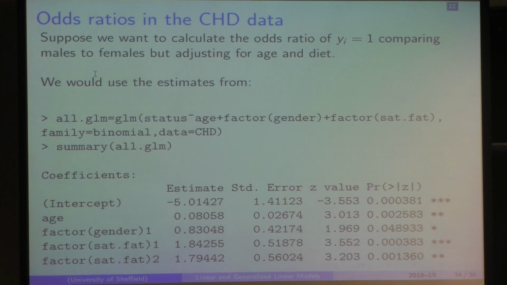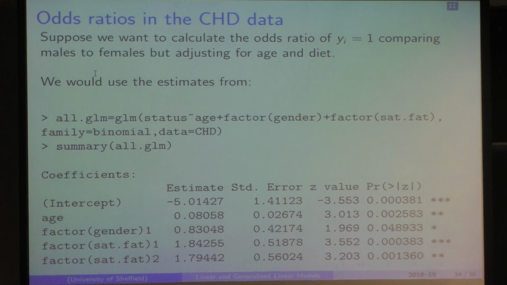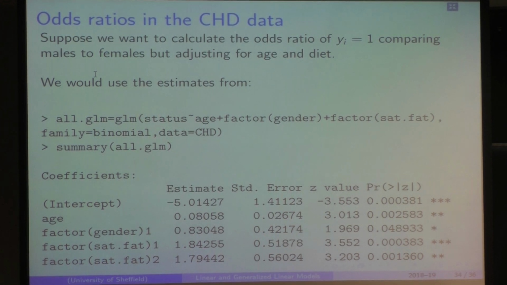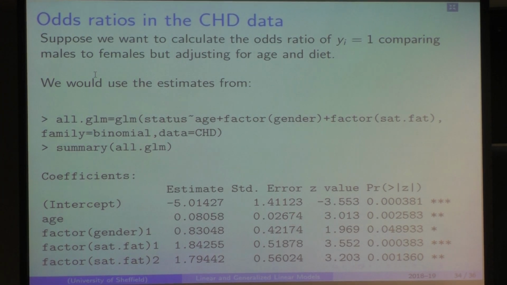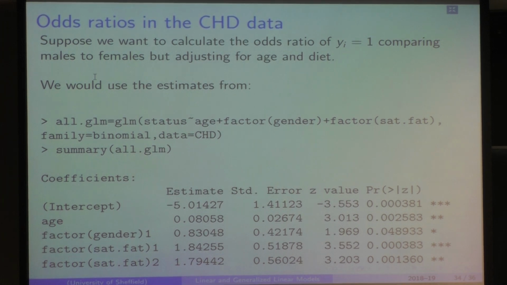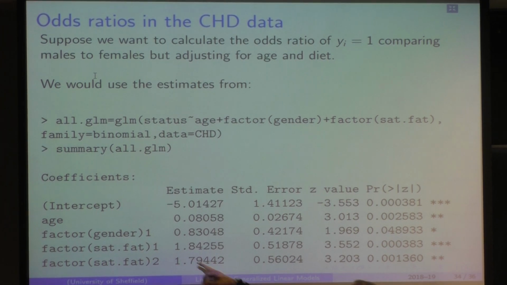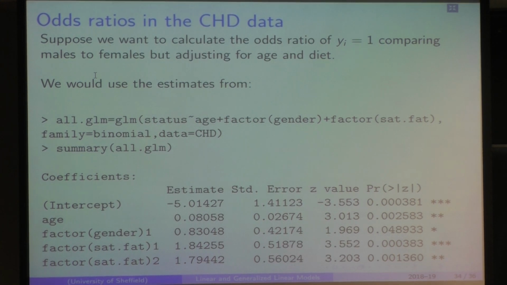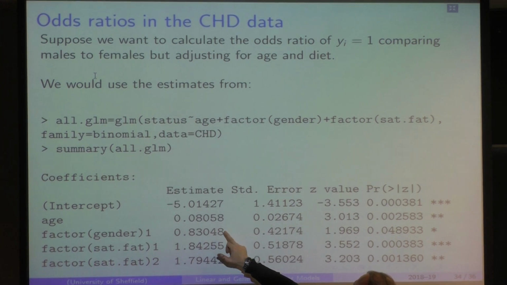Okay, so what we're trying to find is the odds ratio for getting coronary heart disease for being male rather than female. That corresponds to gender being 1. So our estimate of the relevant beta parameter is this one.